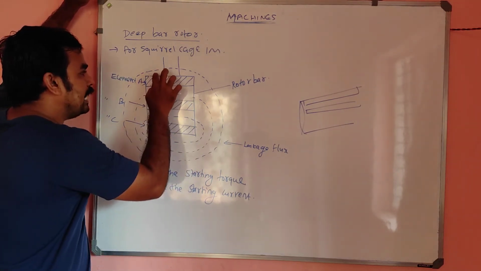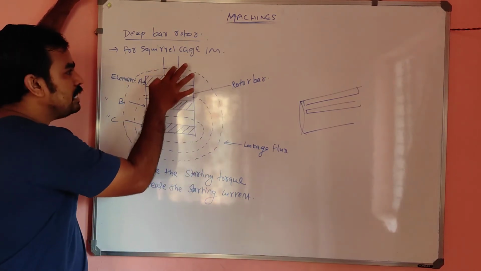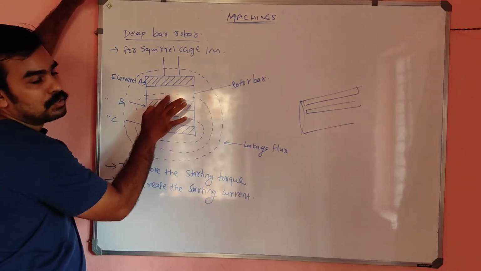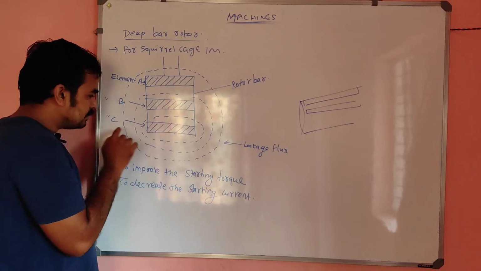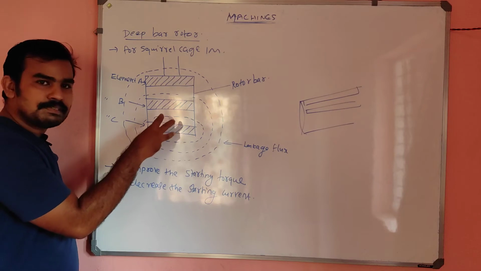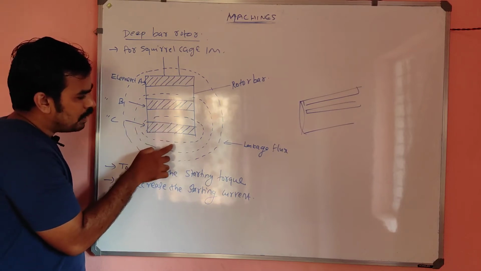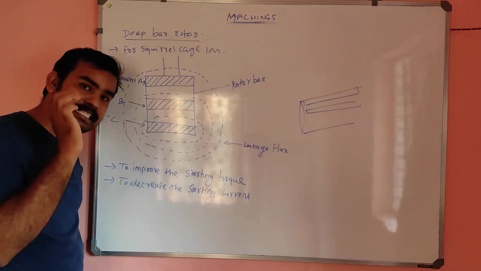Due to element A, this flux will link the bottom conductor and the middle conductor also. At the starting, the bottom layer C will experience high magnetic flux around it, correct? See, 1, 2, 3 fluxes are surrounded around the element C at starting.